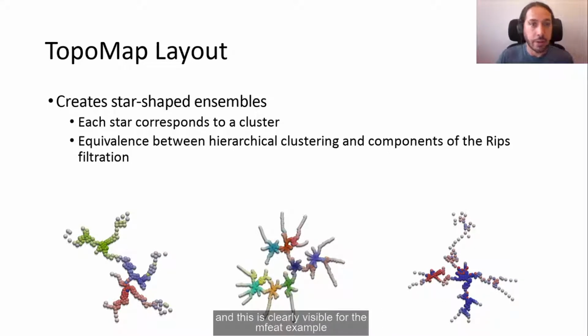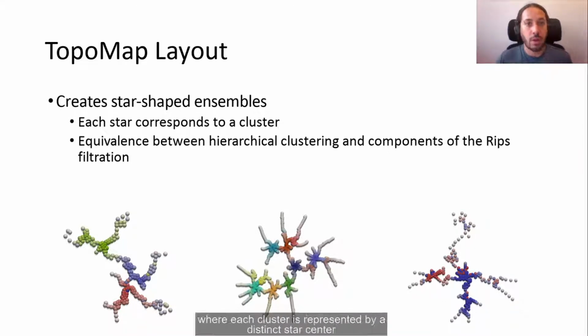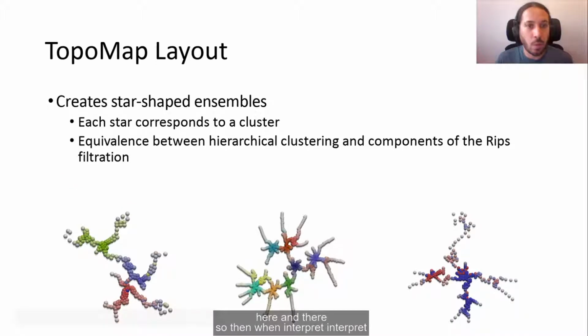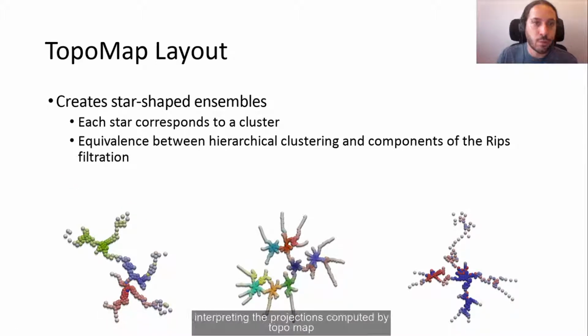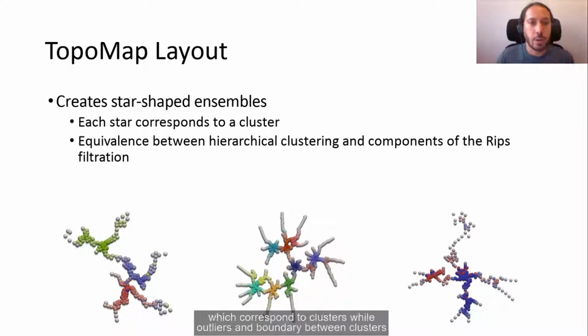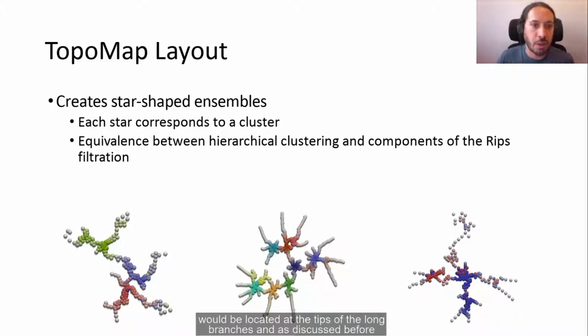And this is clearly visible for the MFET example, where each cluster is represented by a distinct star center, here and there. So then, when interpreting the projections computed by TopoMap, the users should focus on the centers of the stars, which correspond to clusters, while outliers and boundary between clusters would be located at the tips of the long branches.